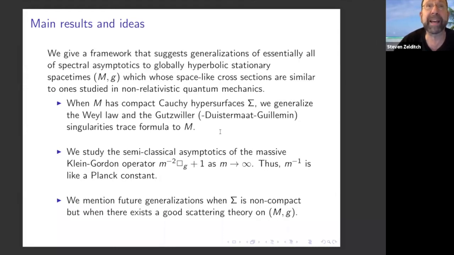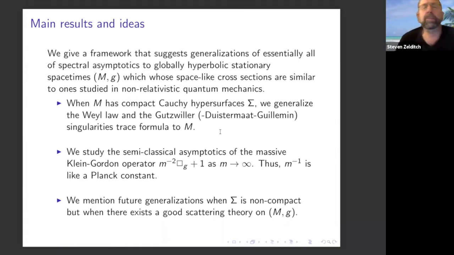So we plan on moving away from that assumption, but even if you do spectral asymptotics, there's a world of difference between working on a compact Riemannian manifold and working on an infinite volume Riemannian manifold. So you're going to expect to find it here.